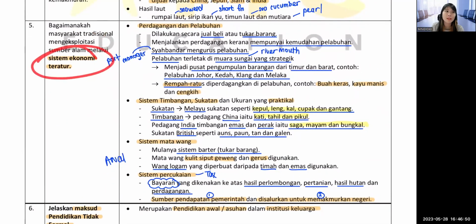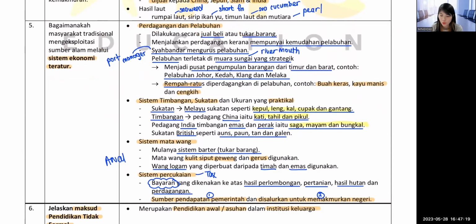How about this? When they ask about system economic teratur before British conquer us, our business and our port, basically what happened is at that time, they are done by buy, sell, and trade.